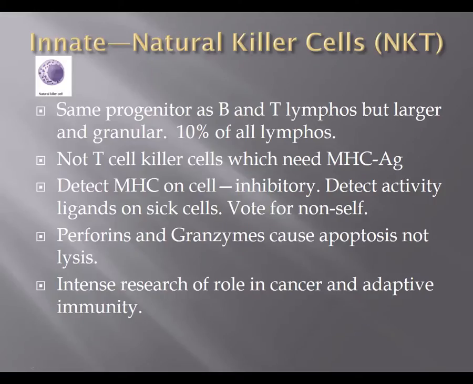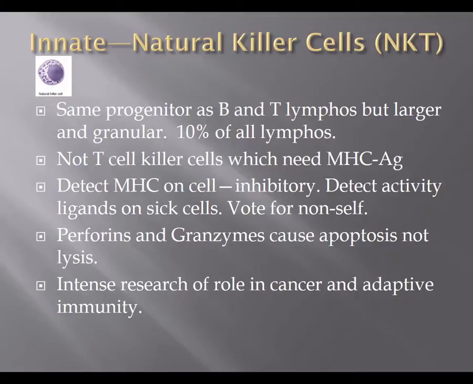Okay, let's take a look at the natural killer cells, the NKs. They are cytotoxic lymphocytes, which are critical to the innate immune system. They can detect pathogens that do not have antibodies. They come from the same progenitor as the B and T lymphocytes, but they're much larger and they contain deadly granules which kill cells.